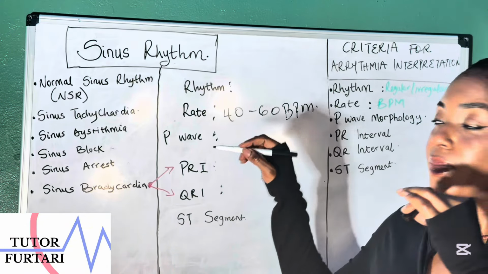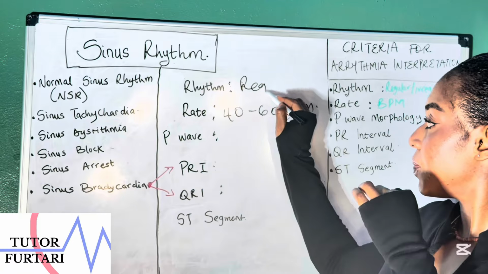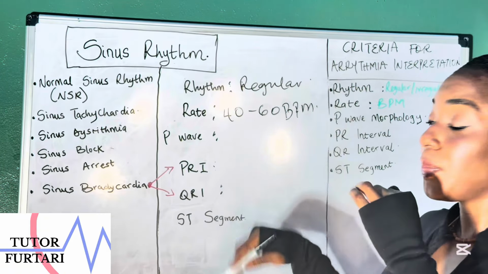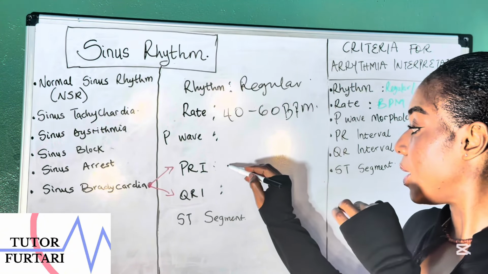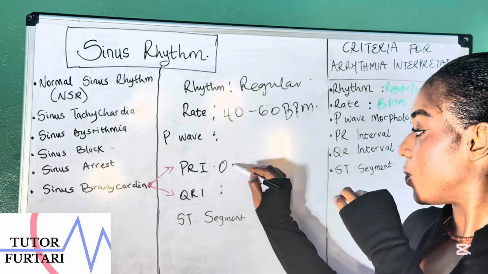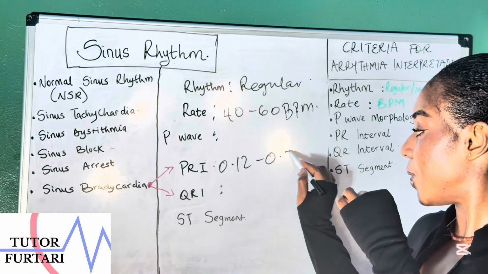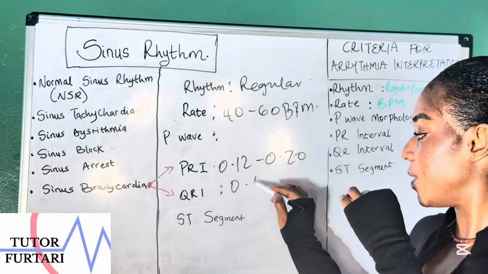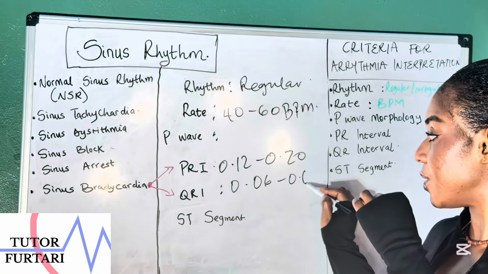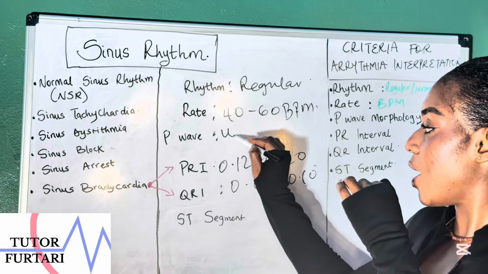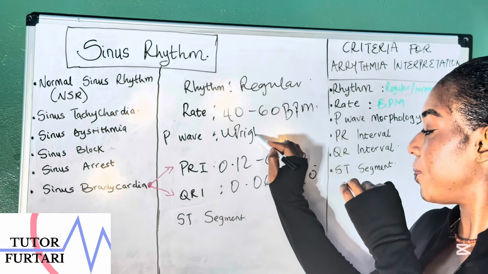The rhythm is regular. PRI should be between 0.12 to 0.20, QRS 0.06 to 0.10. P waves should be upright and rounded.